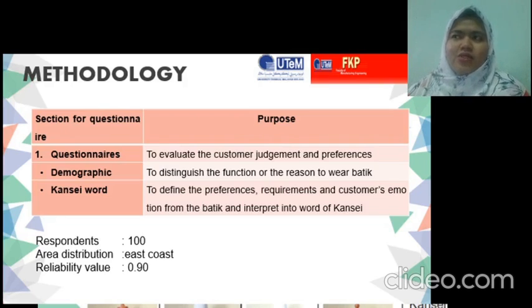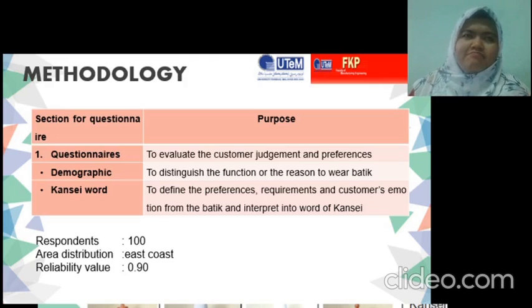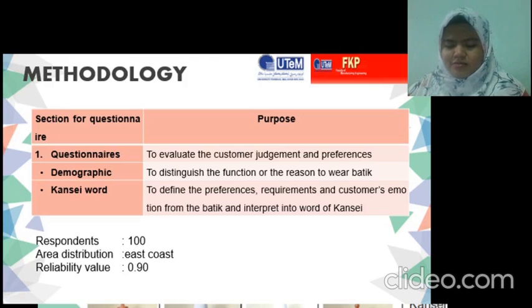In this questionnaire, we focus on around 100 respondents, and we distributed the questionnaire in the East Coast of Malaysia, because people around Terengganu, Kelantan, and Pahang mostly wear batik to work or to other occasions. It is rarely worn daily, but this area mostly wears batik.